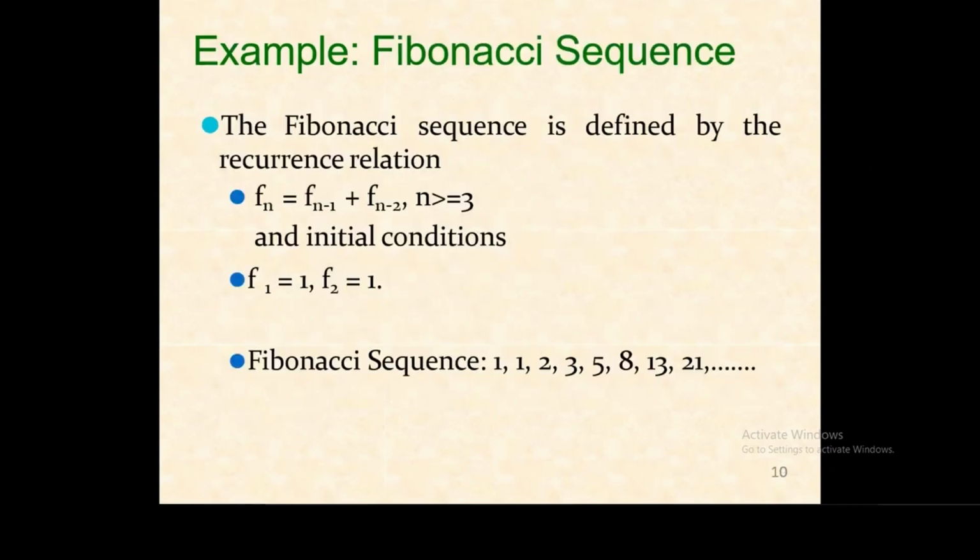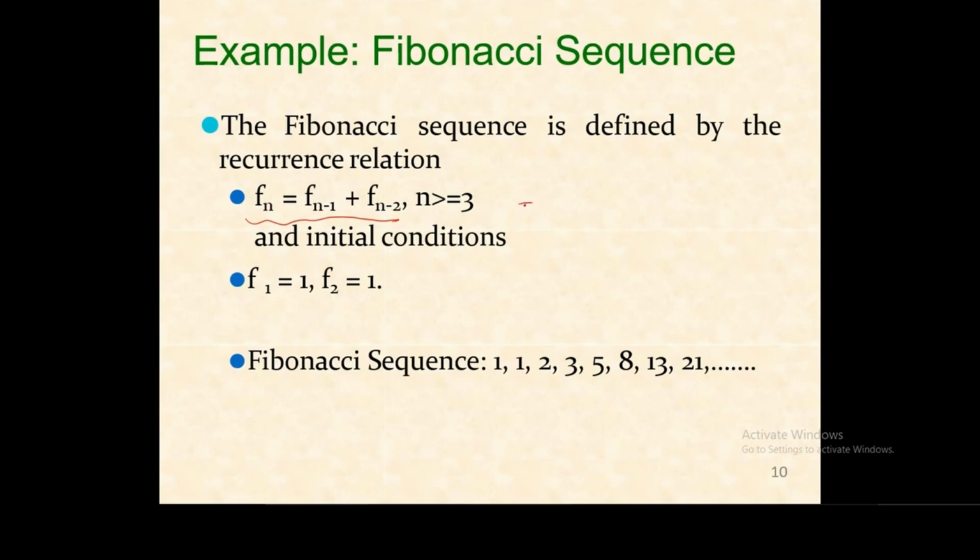So this is an example of a Fibonacci sequence. Fibonacci sequences can be defined in the form of recurrence like this: f of n equals f of n minus 1 plus f of n minus 2, for n greater than or equal to 3.